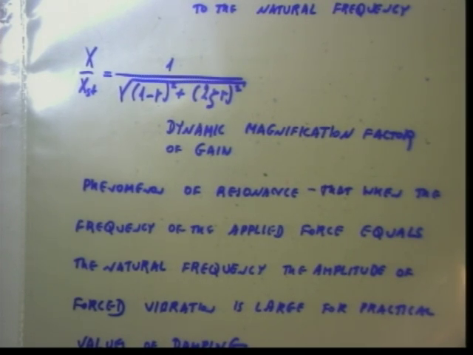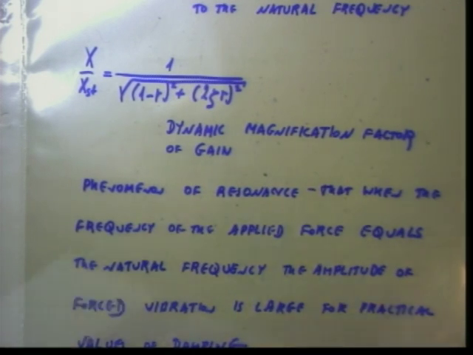Now, the phenomenon of resonance is that when the frequency of the applied force equals the natural frequency, the amplitude of forced vibration is large for practical values of damping. If zeta was small, or 0, then this goes to infinity. But if zeta is not 0, then it does not go to infinity.